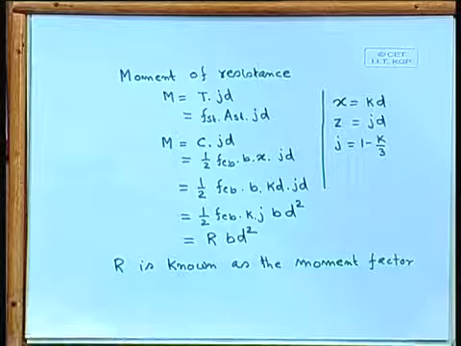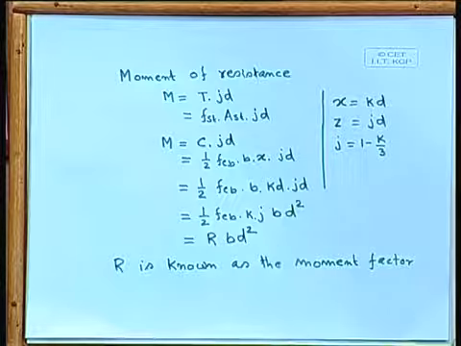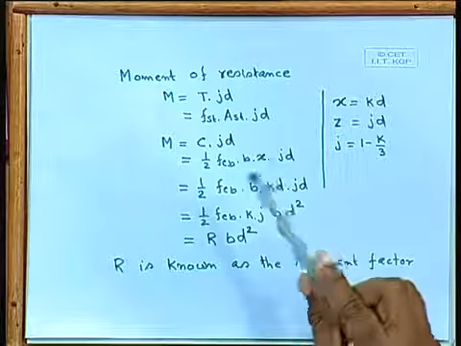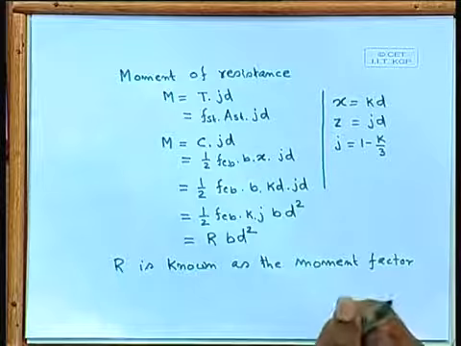If you remember, at the very beginning of the third lecture, we started with M by I equal to f by y. From there also we got the equation 0.167 f b d square. In a similar fashion, here we are getting the same type of relationship: 0.167 f, whatever you got, and here we are getting R, so R b d square.